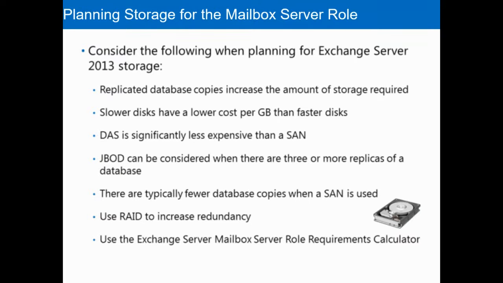A typical 7200 rpm disk stores between 1 and 3 terabytes. A typical 15,000 rpm disk stores less than 1 terabyte. So the 7200 rpm disks are significantly less expensive per gigabyte.